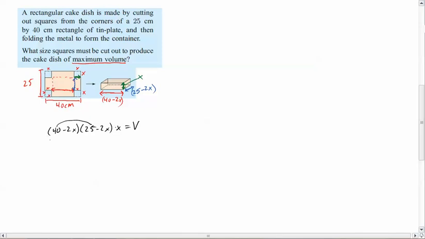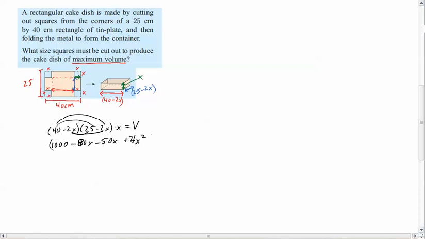So 40 times 25. Well, 4 times 25 is 100, but it's 40, so that means it's going to be 1,000. 40 times minus 2x will be minus 40x. Then I got a minus 50x. And then, sorry, 40 times 2x, you probably got me there, is going to be 80x. 25 times 2x is 50, and then negative 2x times negative 2x is plus 4x squared.